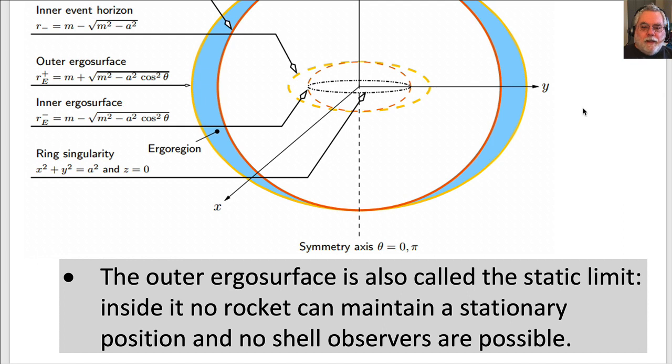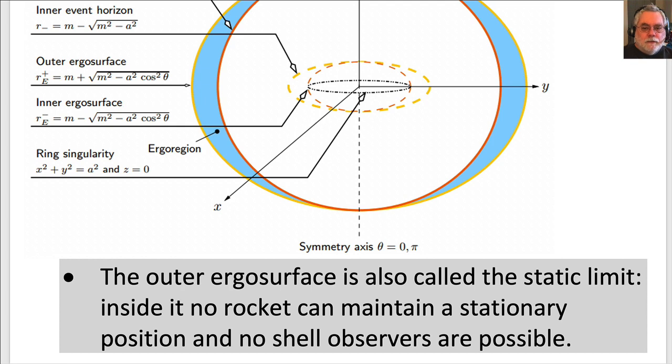The region between the outer ergo surface and the outer event horizon, shown here in blue, is called the ergo region or the ergosphere, even though it is not a sphere.